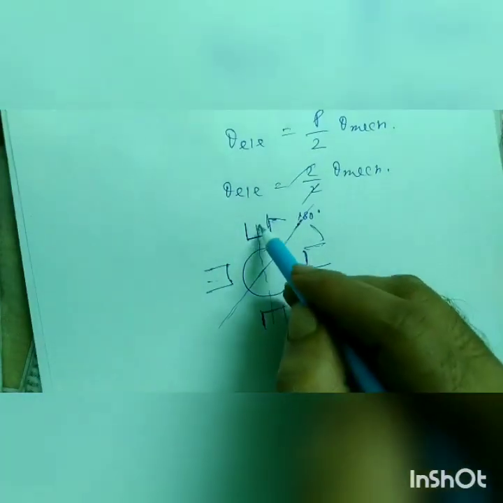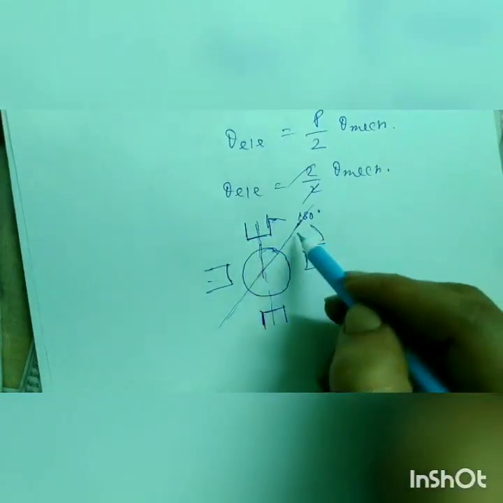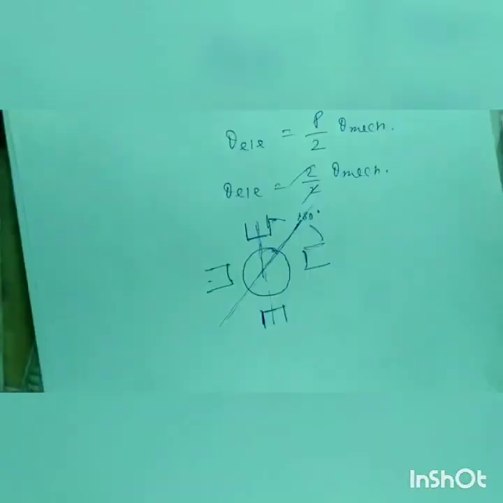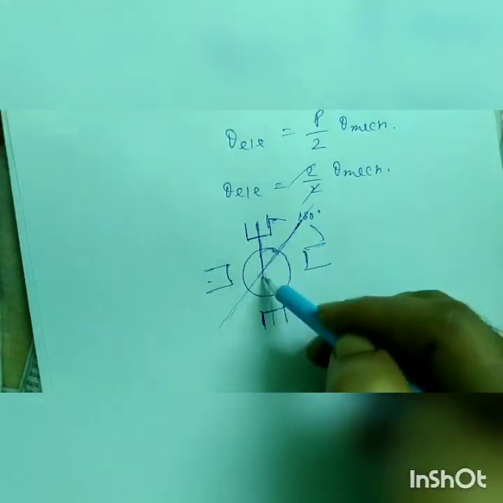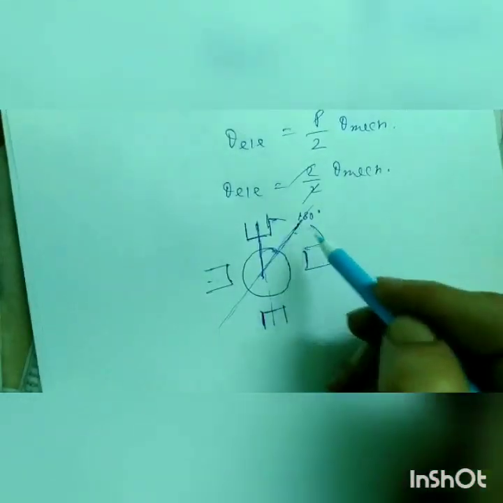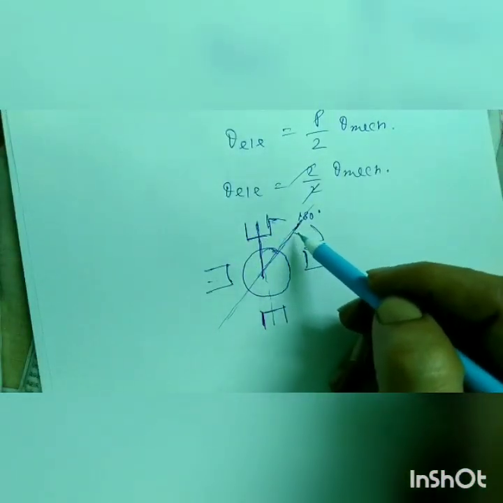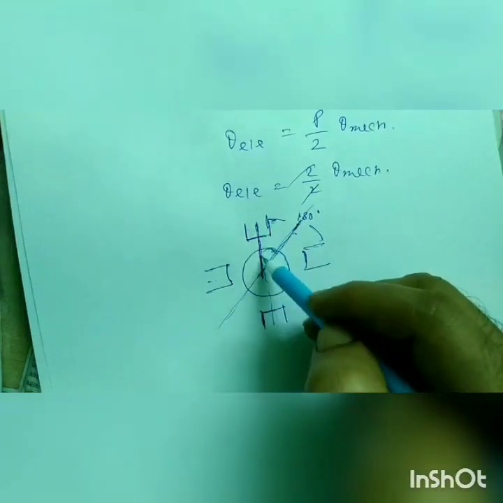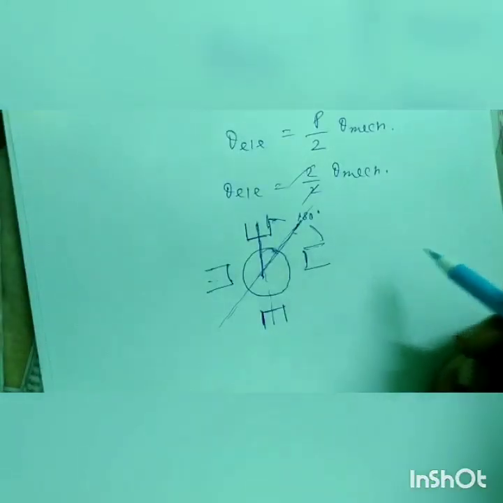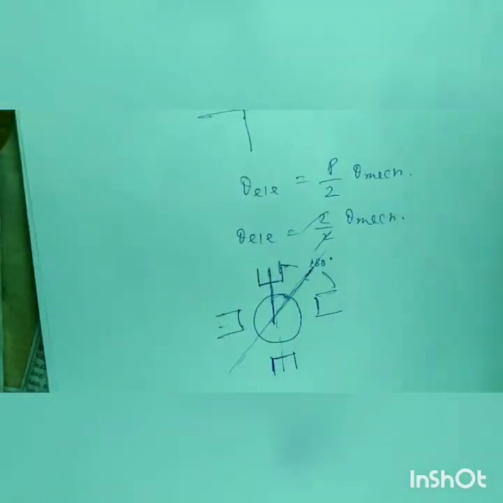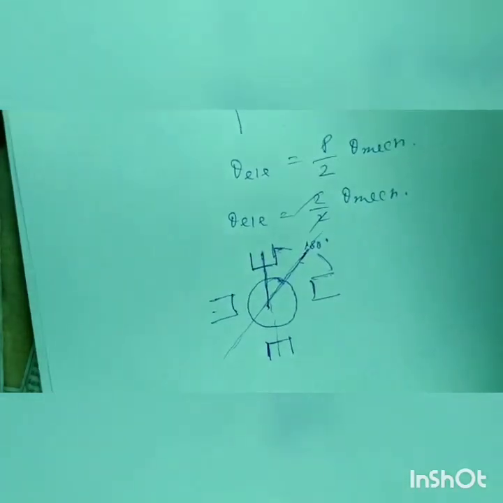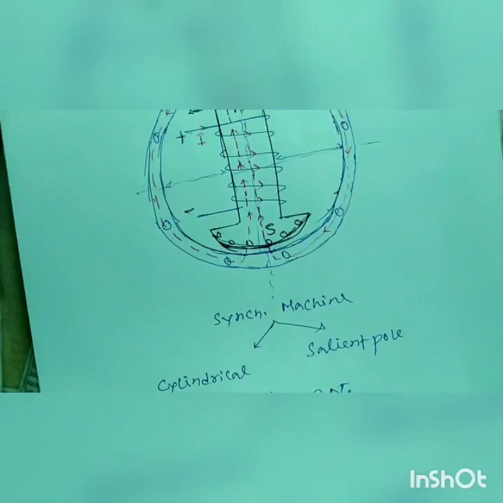If this is your direct axis, then that will be your quadrature axis. The quadrature axis lags the direct axis by 90 degrees electrical. Remember it, it's very important. Sometimes you may commit a mistake.